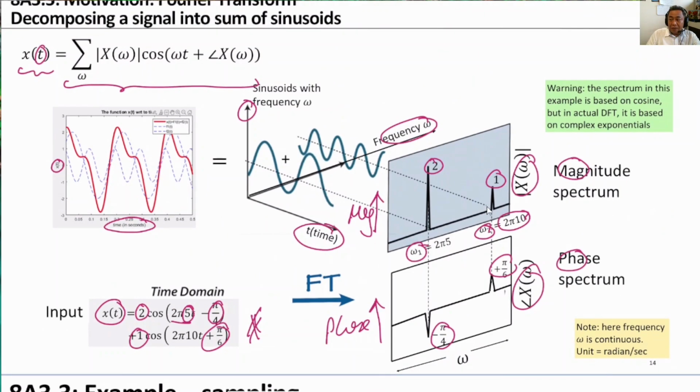With this understanding, we are given a red line, a signal represented in time, and we want to generate these two figures, the magnitude and the phase spectrum. This process is called the Fourier transform, converting a representation in time into a representation in frequency.